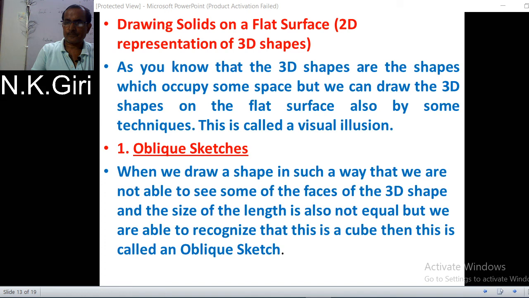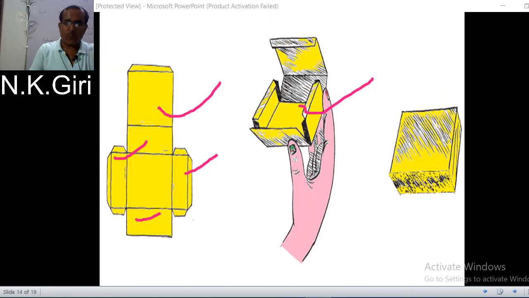Whenever we have to fold these surfaces, when this surface is folded like this and this surface is folded like this and this is also folded like this and this is folded like this, then we get a box, a three-dimensional shape, and these are the surfaces made up of two-dimensional shapes. Now we come on the next.